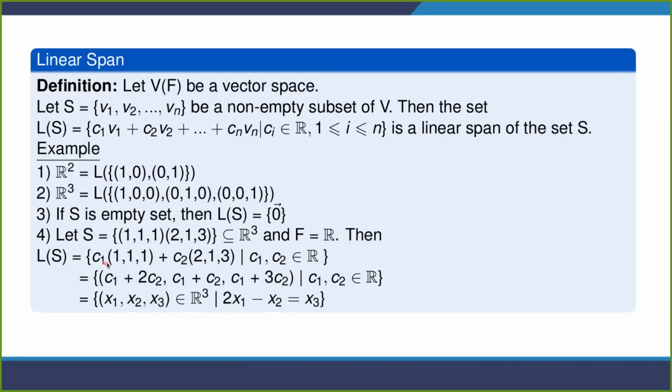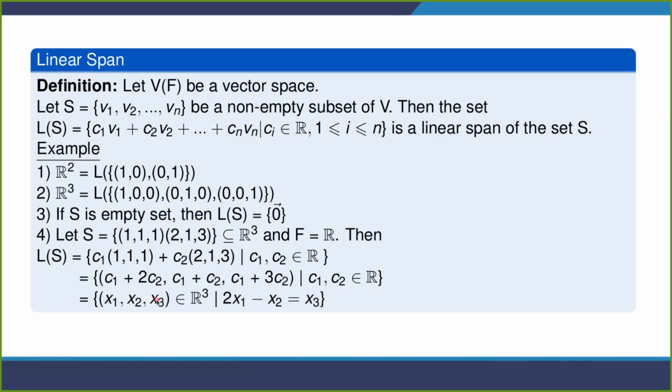If you do this, you will get C1 plus 2C2, then C1 plus C2, and then third you will get C1 plus 3C2. Then you'll find that this is all just real numbers (x1, x2, x3).